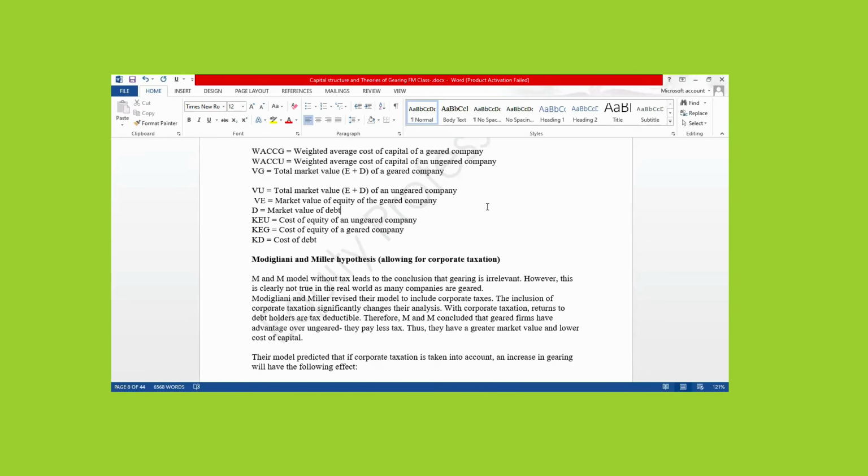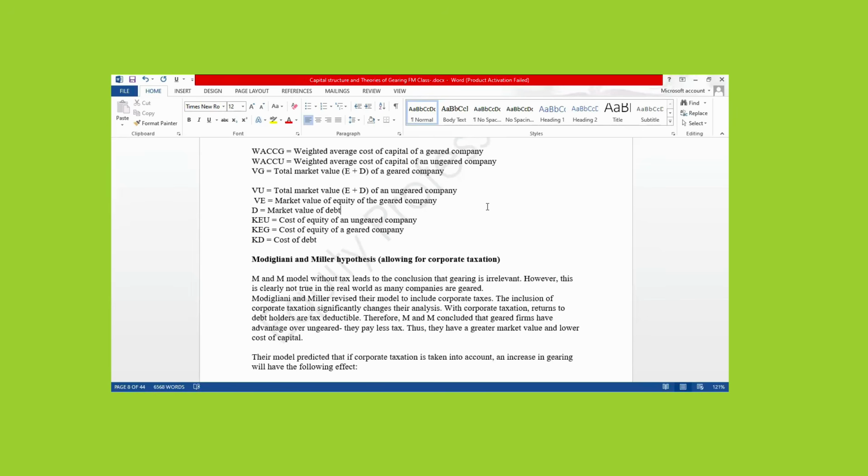Modigliani and Miller concluded that where there is taxation, where companies are liable to pay tax, it is better to finance your business with more debt capital. By taking debt capital, you are going to enjoy tax relief. The tax relief will be used to reduce your cost of capital.